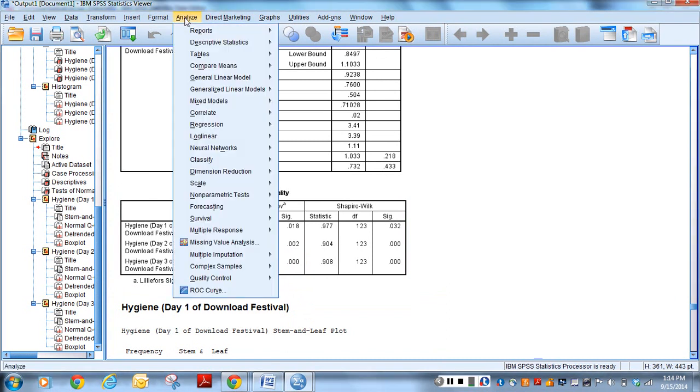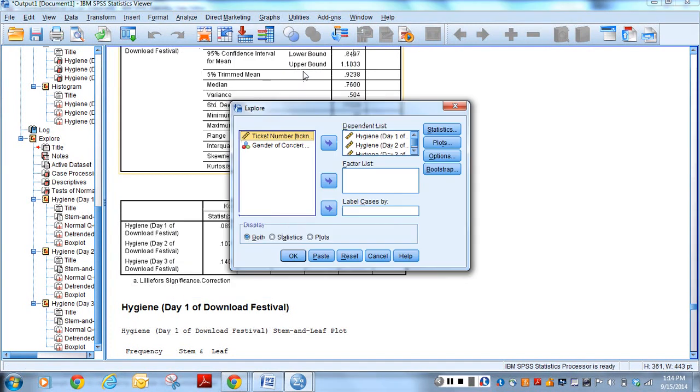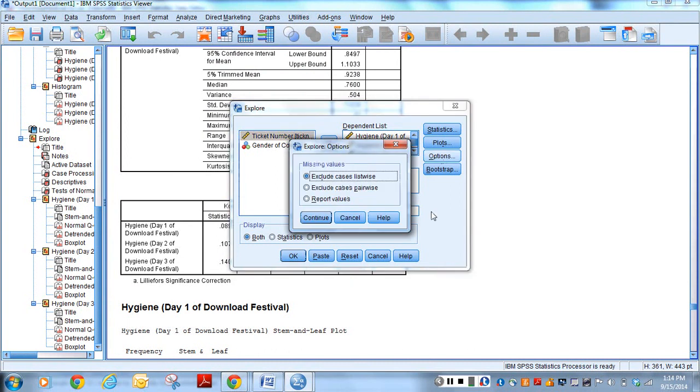Let's go back to Descriptives and Explore, and now let's go to Options. Everything else is still in here, but we forgot to go to Options. And it's important because although we start off with 810 scores on day 1, on day 2 we only have 264, and on day 3 we only have 123.